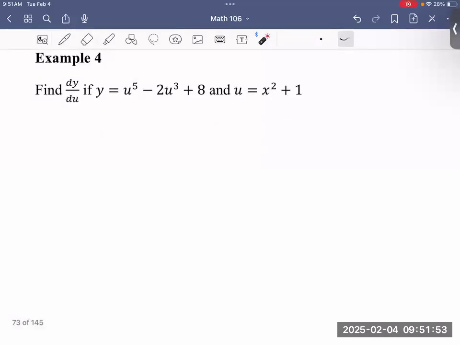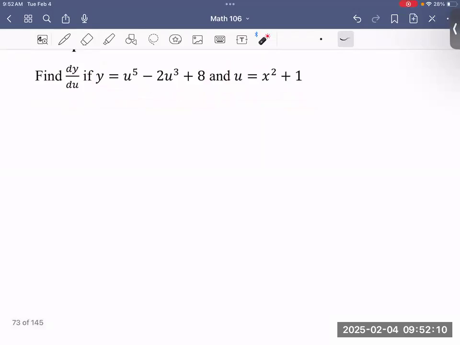So it says dy du. Find dy du if y is equal to such and u is equal to such. Now, there are a few different methods to implement this.